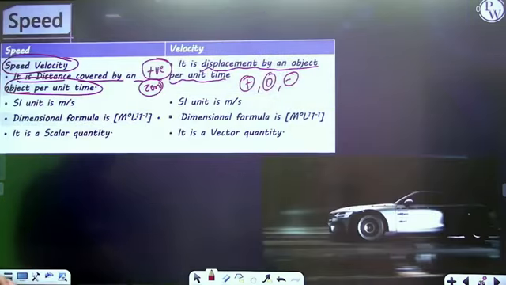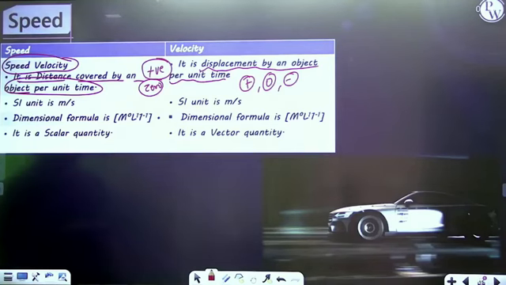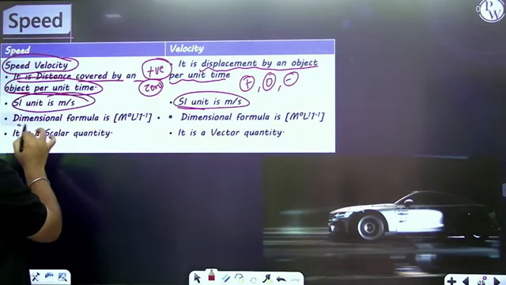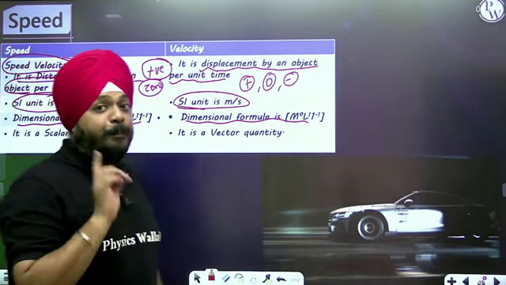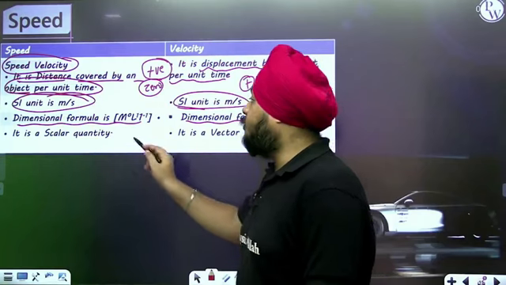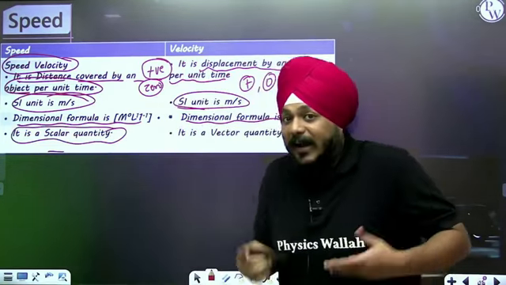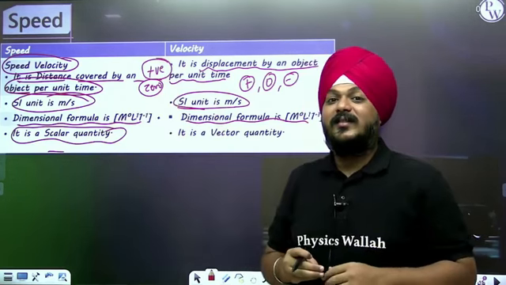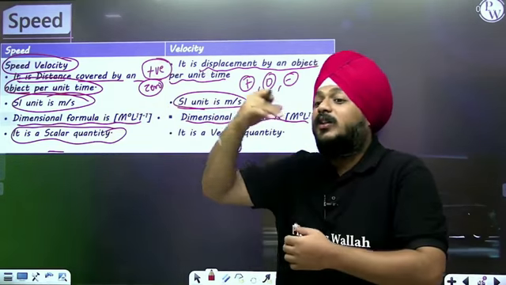Similarly, on the basis of this data, speed is always positive. The SI unit is meter per second, having the same dimensional formula. Speed is associated with distance, so for those reasons it is a scalar quantity. But velocity is associated with the shortest distance, the displacement.